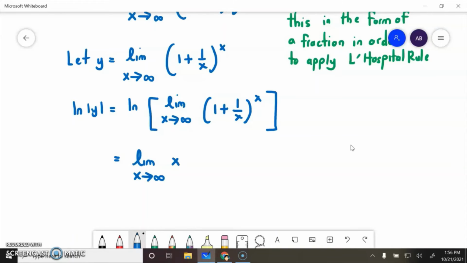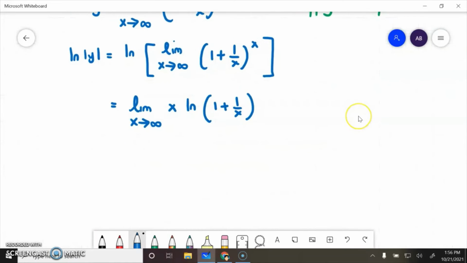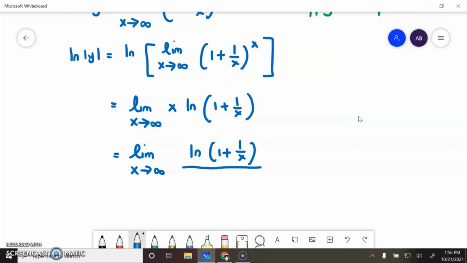So I have x ln(1 plus 1 over x). Okay, this x here, I can write in this form: limit as x approaches infinity of ln(1 plus 1 over x), and this x, bring it to my denominator.